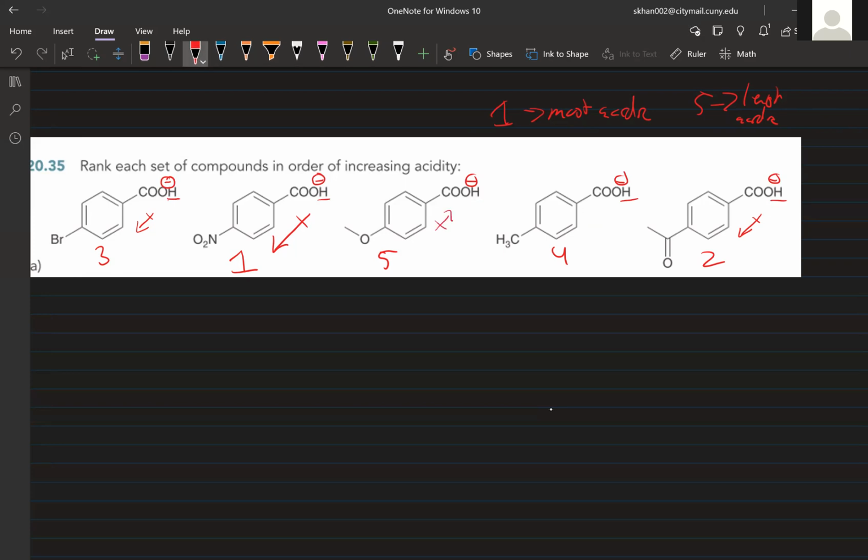Because these are electron donating, so it would be pushing electron density back to the O minus there. So I guess in terms of acidity, if you do get something like an aromatic acid, it just has to do with EWGs and EDGs, right?